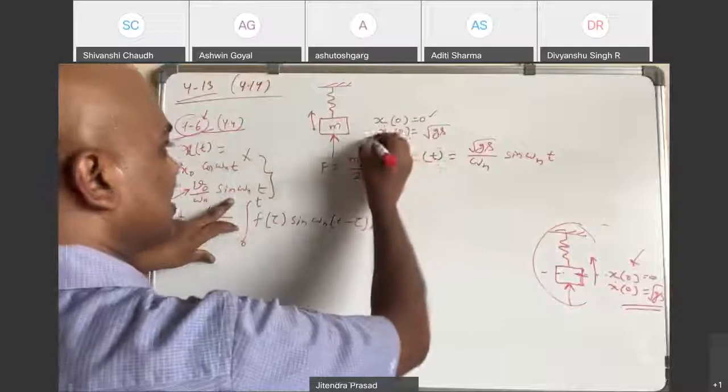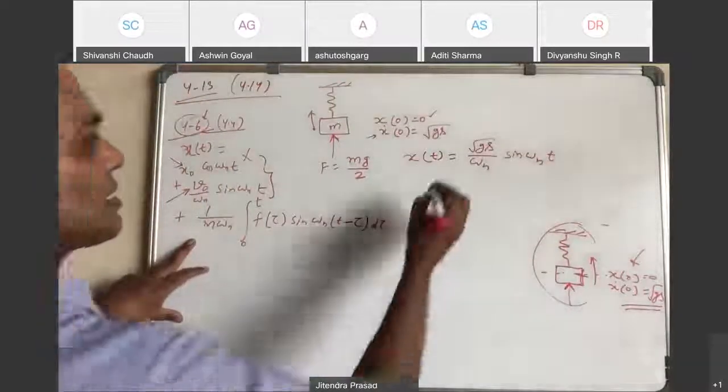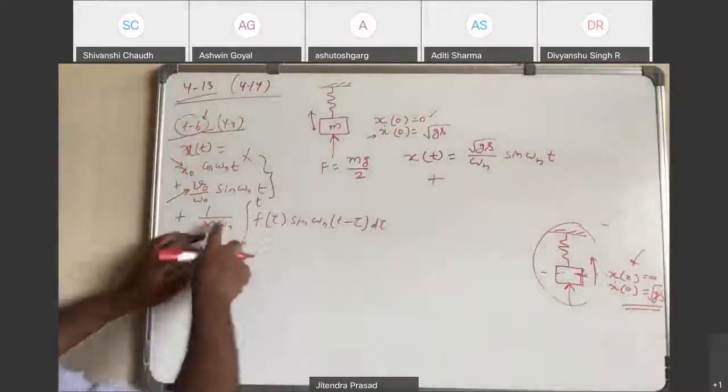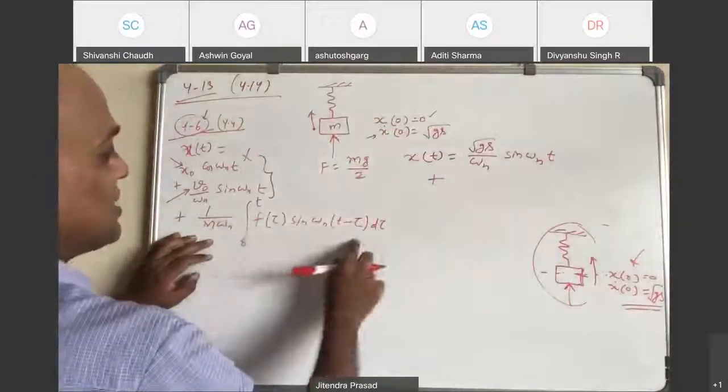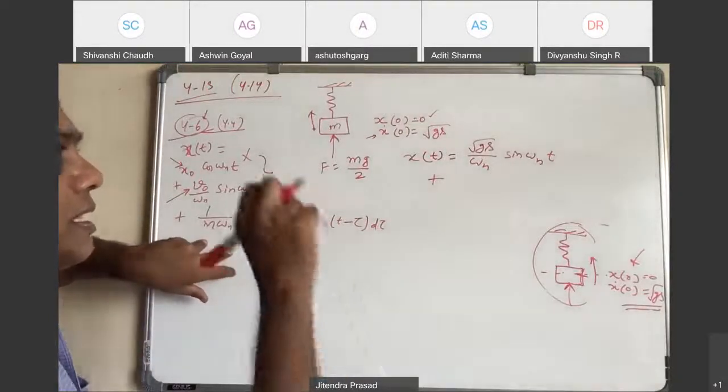Initial condition says velocity is not equal to 0, hence this term will be there, plus the actual term which will be due to the step input.